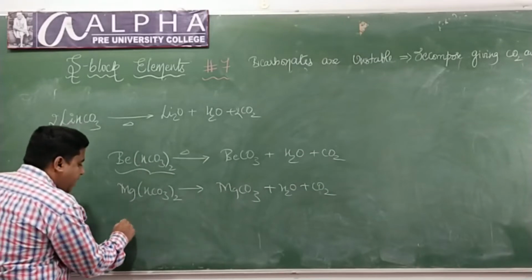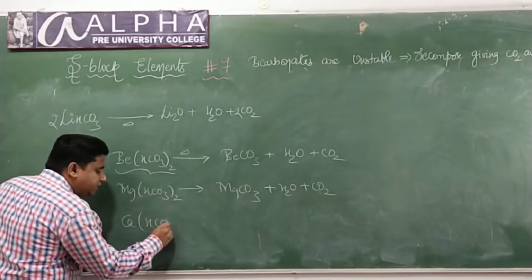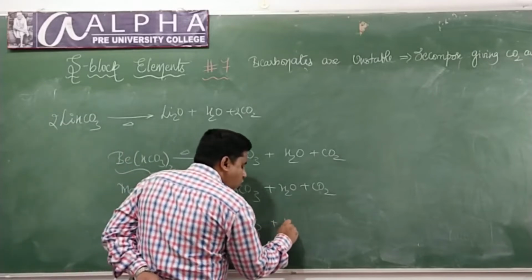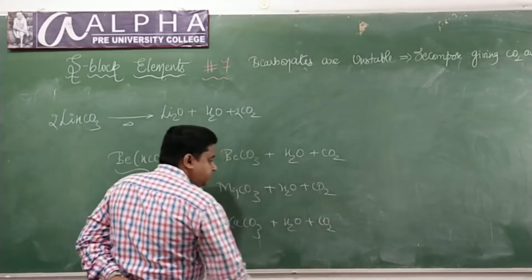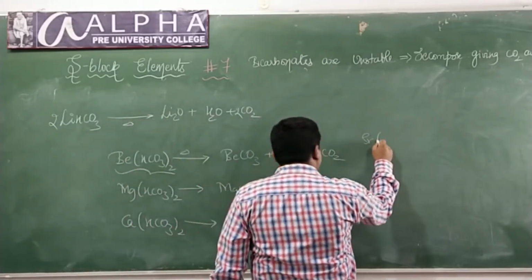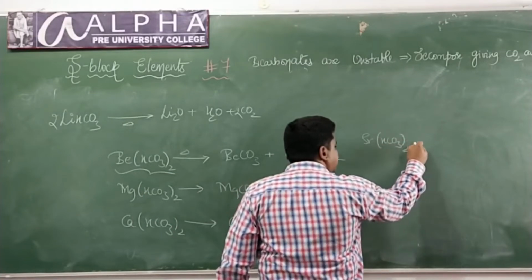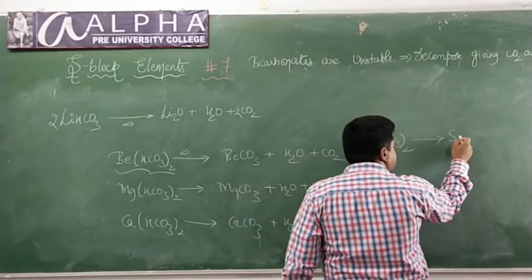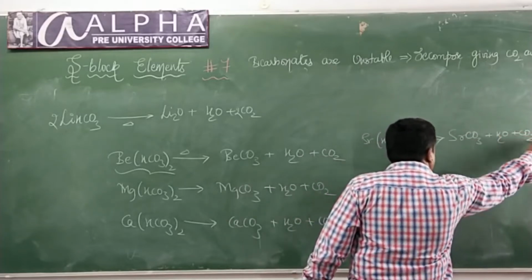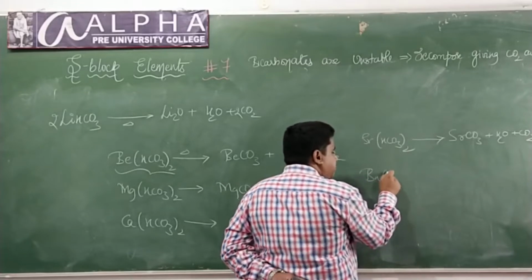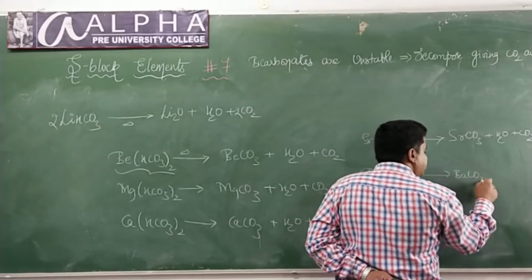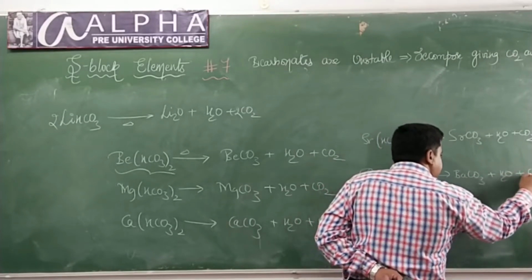Calcium bicarbonate decomposes to give calcium carbonate, water and carbon dioxide. Strontium bicarbonate Sr(HCO3)2 decomposes to give strontium carbonate, water and carbon dioxide. And lastly, barium bicarbonate decomposes to give barium carbonate, water and carbon dioxide.